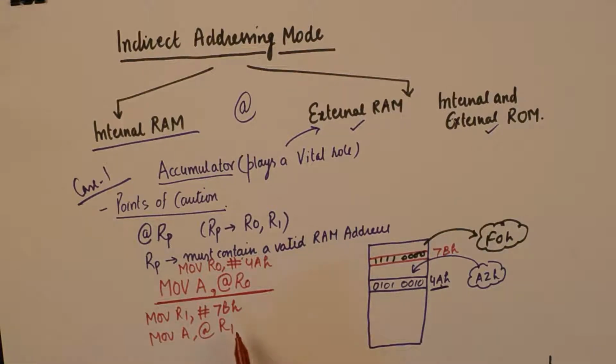So it is very, very important that we must use only R0 and R1 as pointers to the addresses, and all the addresses are going to be 8-bit long in our internal RAM, so there is no way we can make a mistake because these registers R0 and R1 are 8-bit registers, and we'll put a valid 8-bit address into these registers, and if we put a @ sign next to these registers in the instruction where source is specified, it will not be treated as a direct addressing mode, it will be treated as indirect addressing mode, and they'll be treated as pointers.